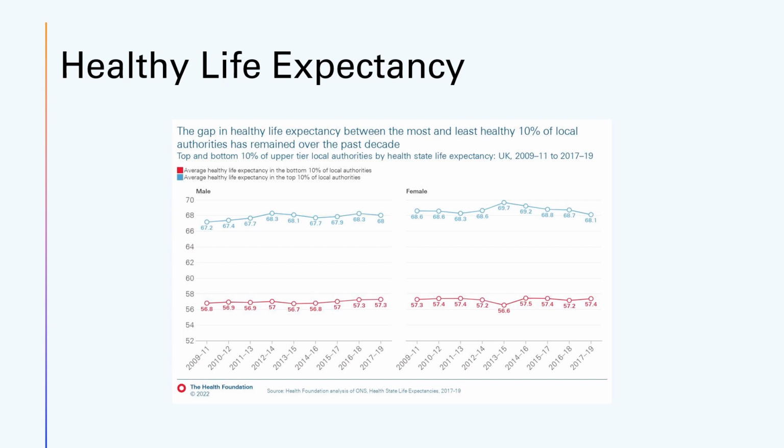And it's argued by epidemiologists that it's more useful to look at healthy life expectancy, which is basically getting at the point at which one might expect to live to when you will either die or start to experience health that impacts on your daily life.